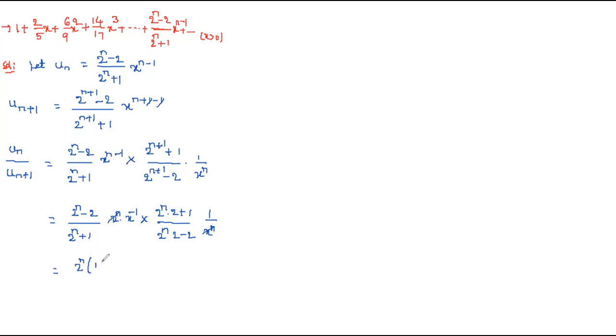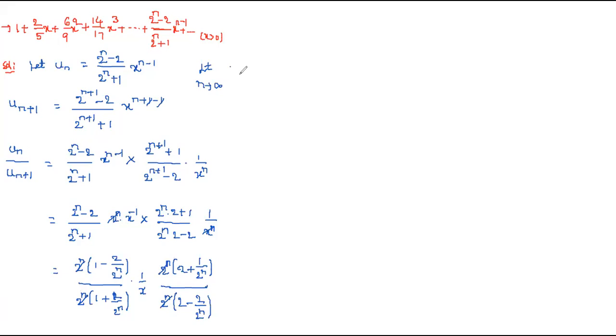If you take common here, 1 minus 2 by 2^n, by, and here also same thing, if you take 2^n as common, 1 plus 1 by 2^n, into x^(minus 1) which is 1 by x, into, here also same thing, if you take 2^n as common, 2 plus 1 by 2^n, by 2 minus 2 by 2^n. And here 2^n and 2^n, both will cancel.